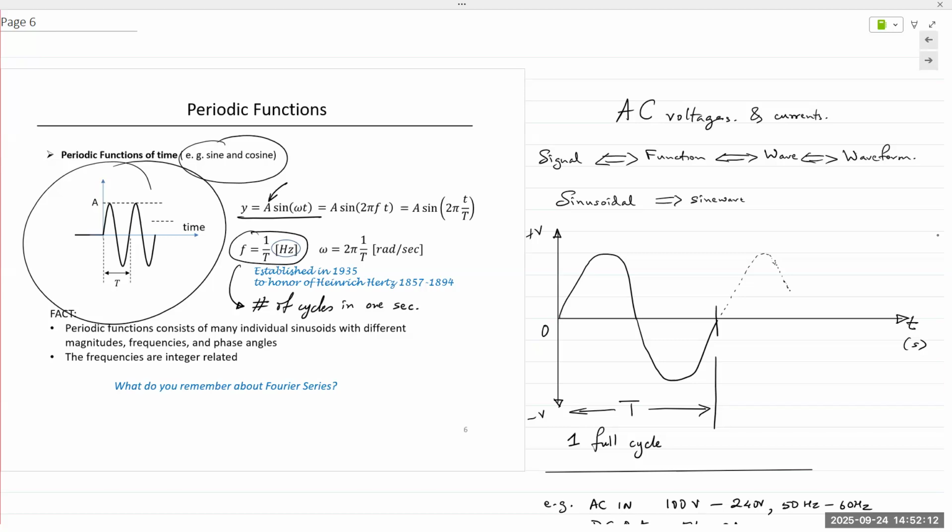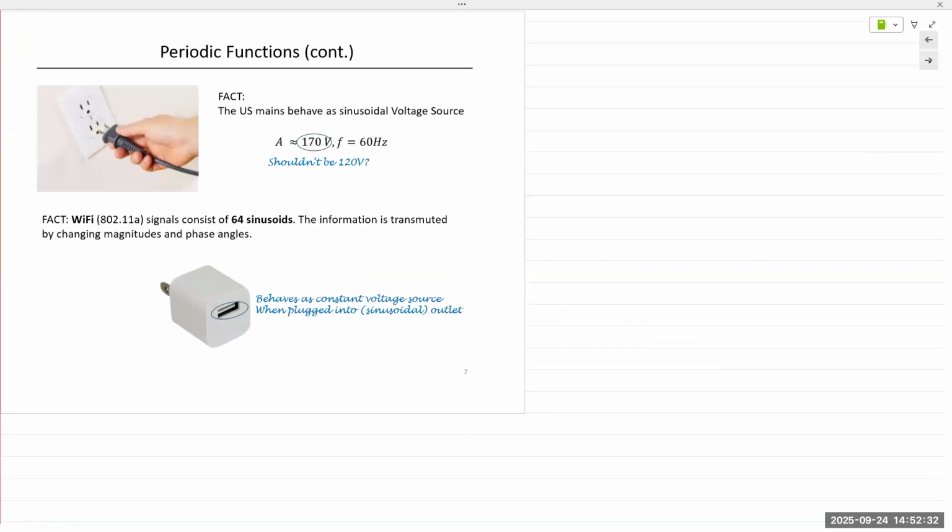Now, to concentrate on A. A represents the peak value of this waveform. So this value is A. Peak value. Now, let's draw it out here.